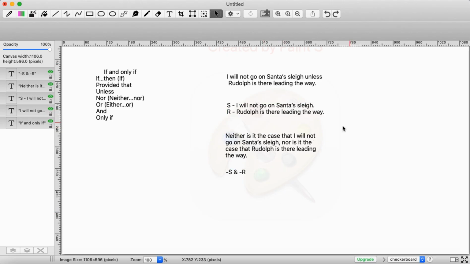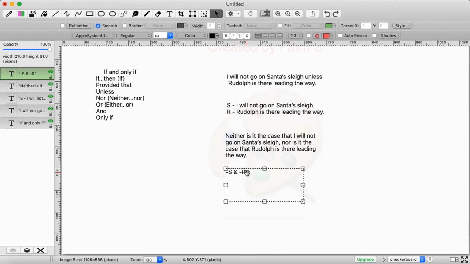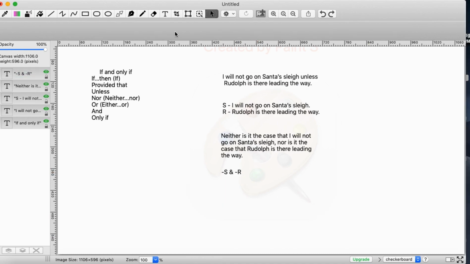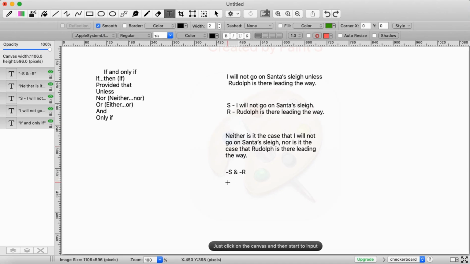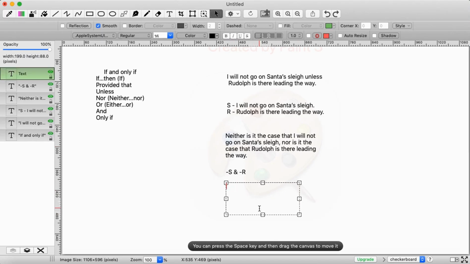Okay? That's what it means when S is false. All right. So in this case, we write a statement for that. That's what nor means. Okay. So if we write a statement for that, let's write a statement.